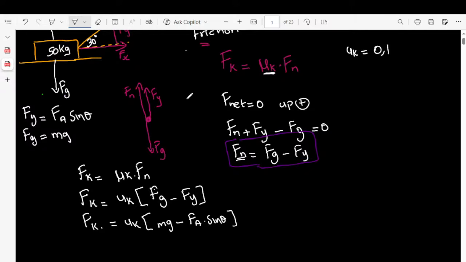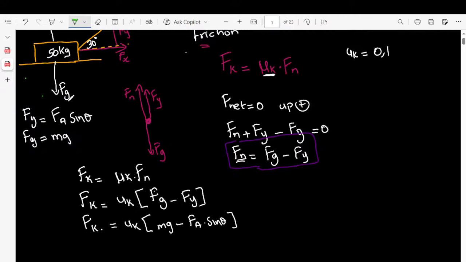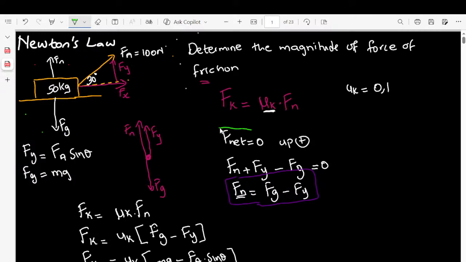Okay, someone is asking, Tombizodwa is asking, why F net is equal to 0, not F net is equal to MA. Let me attend to that. Let me attend the question from Tombizodwa. Why, when we calculate this F net, why is F net equals to 0? Guys, remember, this box is in contact with the surface.